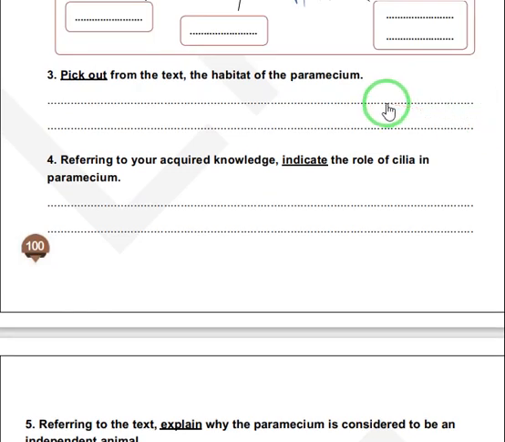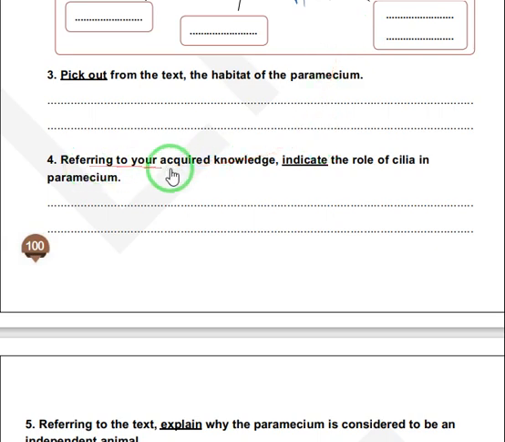Where does the paramecium live? Of course, in the previous document on page 94 or 93, we said that the paramecium lives in stagnant water, not running water, like ponds, but not salty. It is stagnant, fresh water.